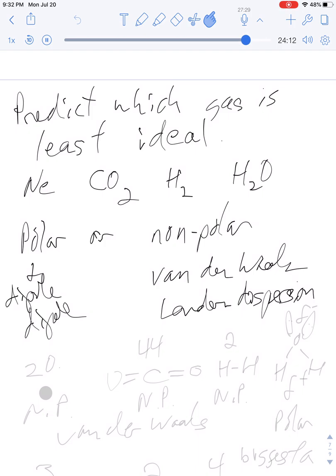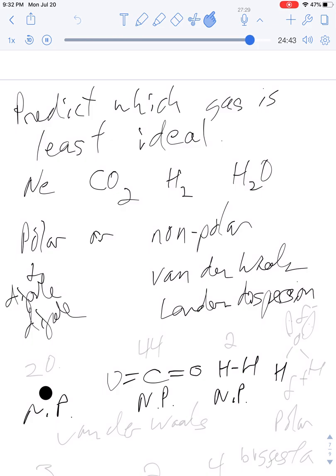So, of the gases up here, neon, carbon dioxide, hydrogen, and H2O, neon is just a big solid ball, okay? Carbon dioxide is a symmetrical molecule and nonpolar. Because this is just a solid ball, the neon must be nonpolar. Hydrogen is also symmetrical, so it's nonpolar.